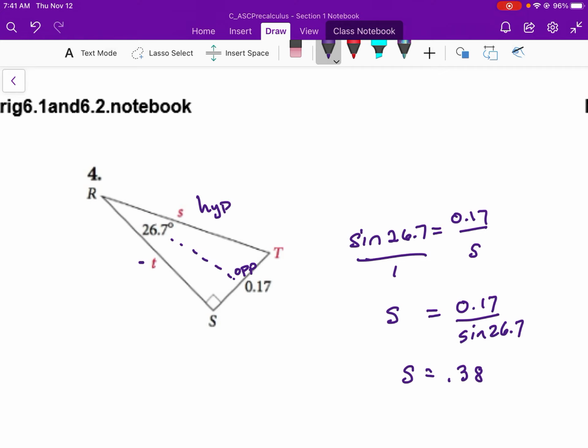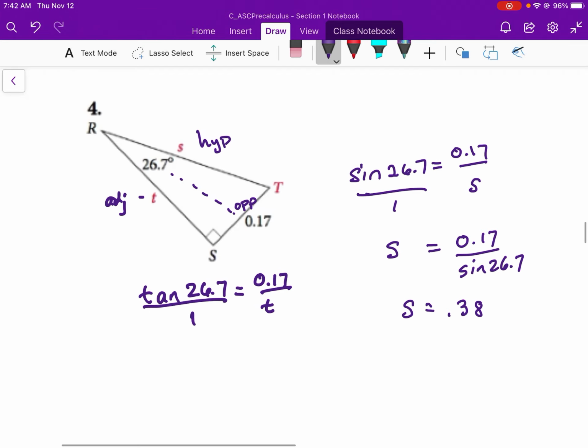And now I want to find this side. This is my adjacent side. And if I can avoid using what I just calculated, that's the best. So I'm going to go ahead and use tangent of 26.7 is equal to opposite, which is 0.17, over adjacent, which is t. So if I solve for t, t is equal to 0.17 divided by the tangent of 26.7.